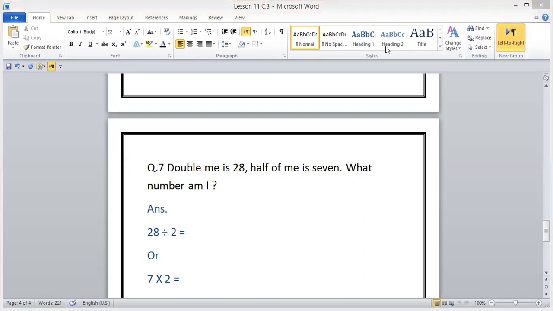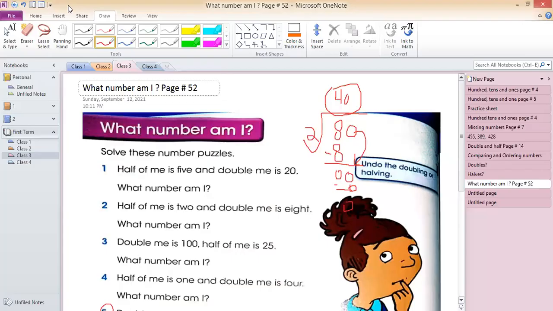Very good. All right, so I'm going to show you now 28 divided by 2. How will you divide 28 by 2? Let's check here. Write 28 inside and divide it by 2. Check out the table of 2. Up to only 2: 2 ones are 2. 2 minus 2 equals 0.